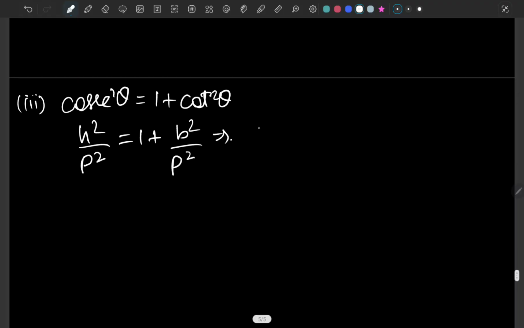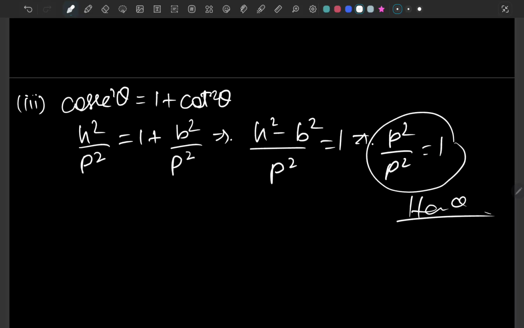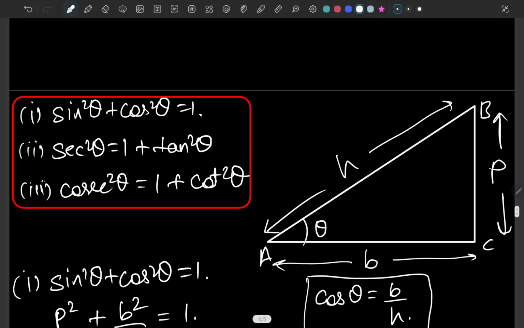So from here, b squared over p squared equals 1. And from Pythagoras this comes out to be p squared over p squared equals 1, hence proved.